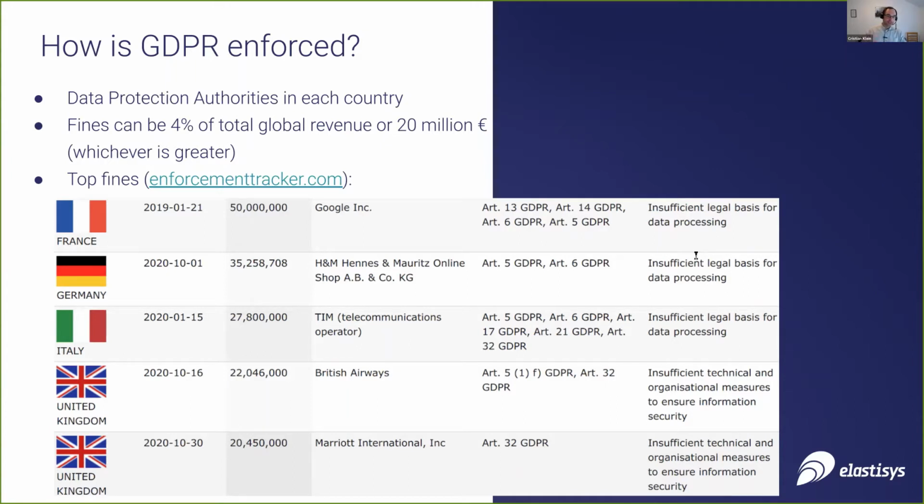I have extracted here a screenshot with the top 5 fines that were applied as of today. And as you can see in the rightmost column, the reason why the fine was applied, fines are not only imposed for insufficient legal basis, so again, you collected data without having a good reason for doing that, but also due to failure to take adequate technical and organizational measures for protecting personal data.